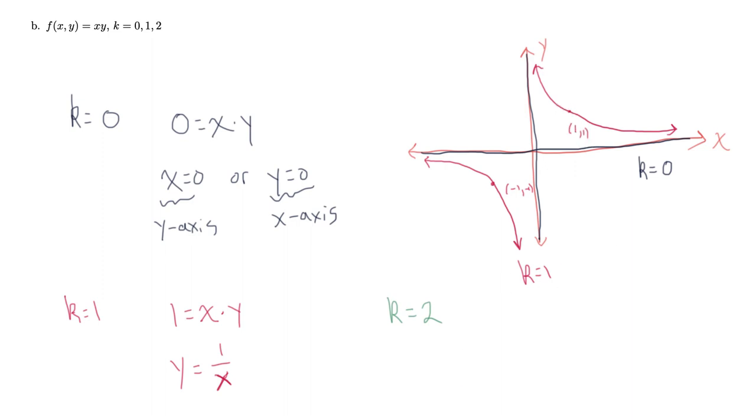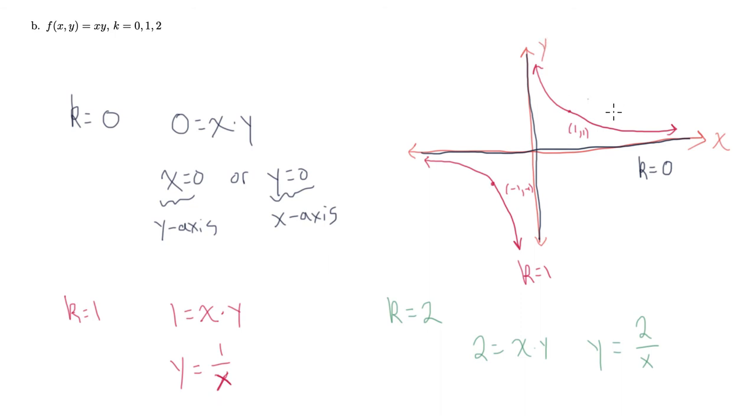So when k is 2, what we have is 2 is equal to x times y, or y is equal to 2 over x. Now notice here, if I plug in 1 for x, y is going to be 2. So this is actually going to pass through the point 1, 2.